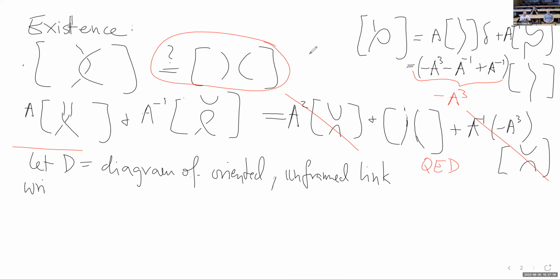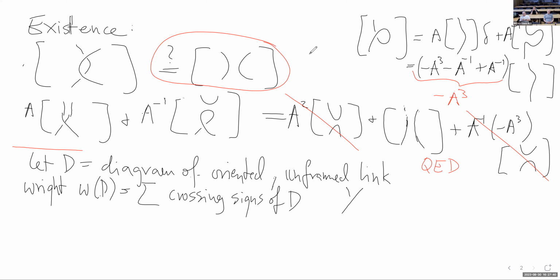To do this normalization, we need to consider the writhe, the writhe w of D, which by definition is a sum of crossing signs of D. There's a standard convention about signs.